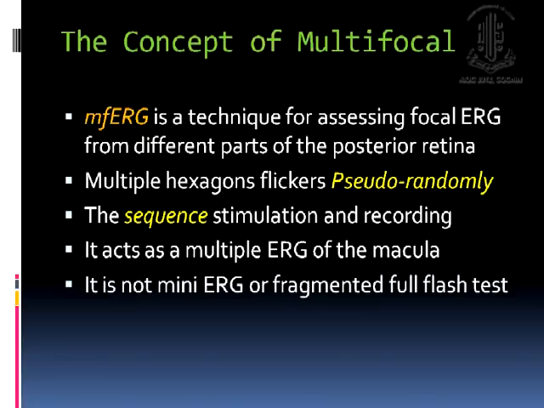When someone looks at the multifocal ERG, he might think it looks like a flicker or a pattern ERG, with some pattern being reversed back and forth. But it's not. Actually, it is a specific sequence of projection of these small hexagons between different luminance and different contrast, between zero contrast up to 100% or maybe less.